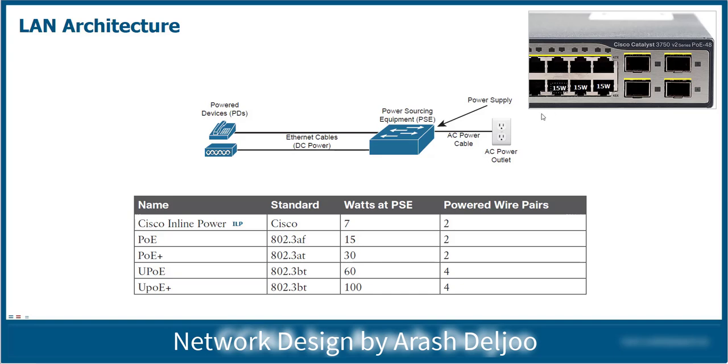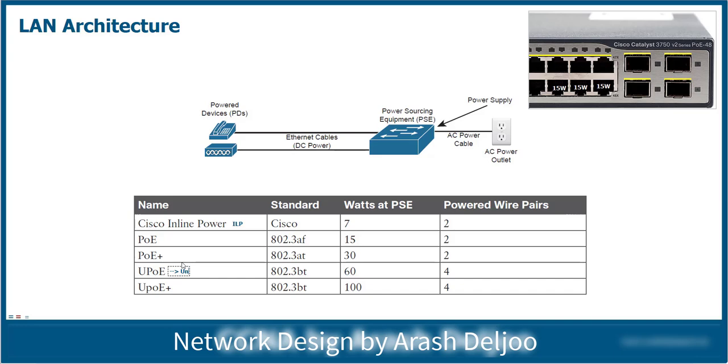But if your device supports the next standard, IEEE 802.3at, we call it PoE plus. Some of the switches now support PoE plus. Such a device supports the standard 802.3at and can supply 30 watts at each interface. Again, we are using two powered wire pairs. Also, if your device supports UPoE, meaning Universal PoE, it supports IEEE 802.3bt.